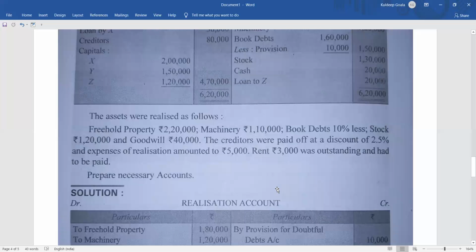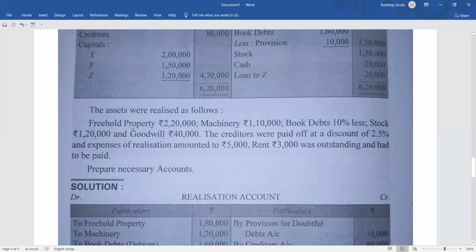So what is given in the adjustment? The assets were realized as follows. Now what you will do is give a quick study of the question, and once you have understood it, we can go for transferring the assets. This adjustment you can study thoroughly at the time of solving the sum.